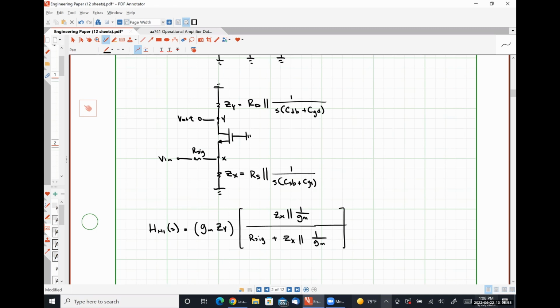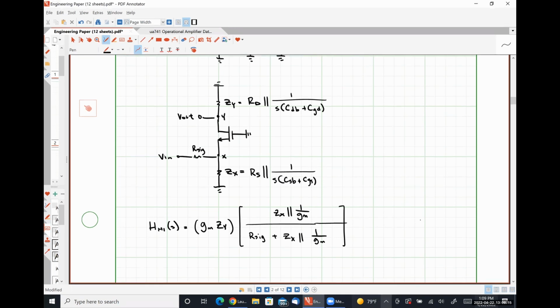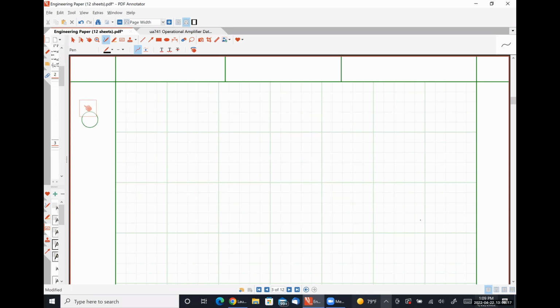So it's why it worked like that with the Miller approximation for our common source amplifier. But when we didn't have that Miller approximation, we couldn't associate a pole with a node because our nodes were linked together. Okay. So let's break this thing down into a more formal transfer function.